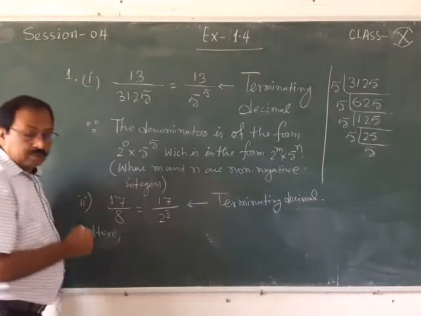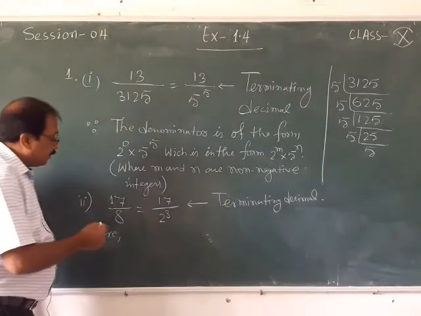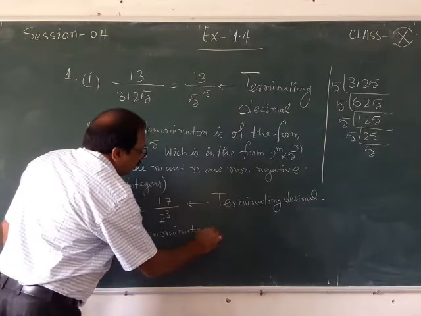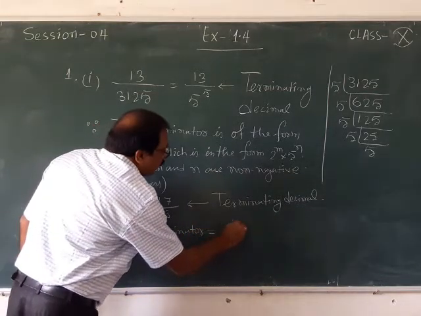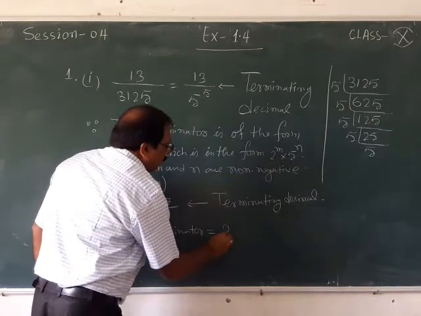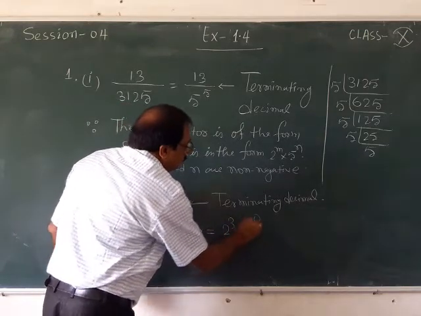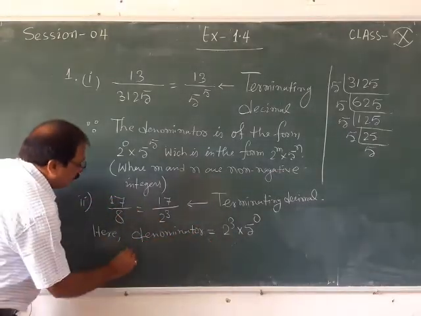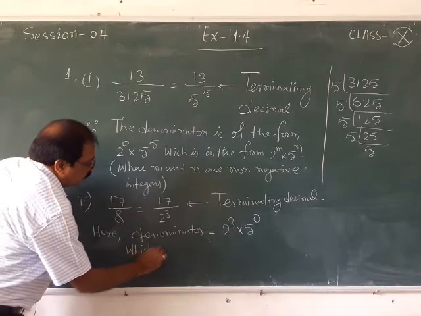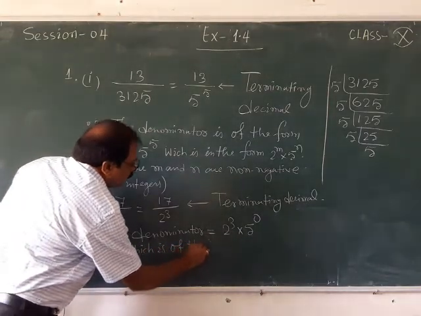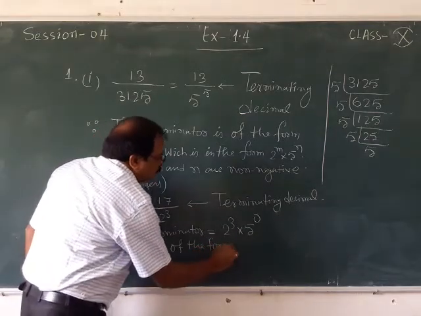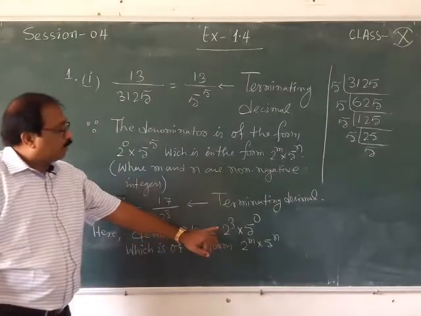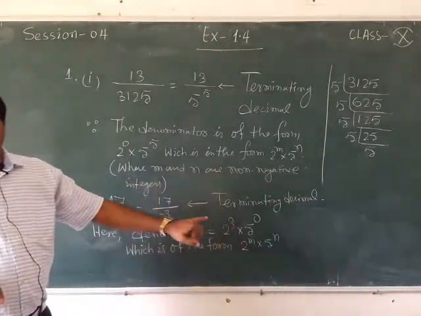Here the denominator is 2 to the power 3 into 5 to the power 0, which is clearly of the form 2 to the power m into 5 to the power n. Clearly, 5 to the power 0 means 1. You know that 5 to the power 0 means 1.